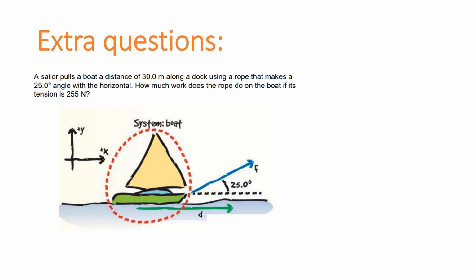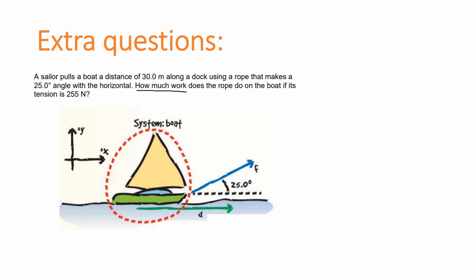So a sailor pulls a boat a distance of 30 meters along a dock using a rope that makes a 25 degree angle with the horizontal. How much work does the rope do on the boat if its tension is 255 newtons? So we want to find how much work.